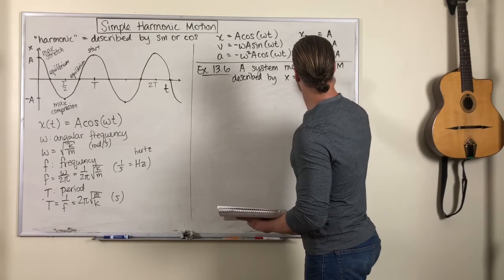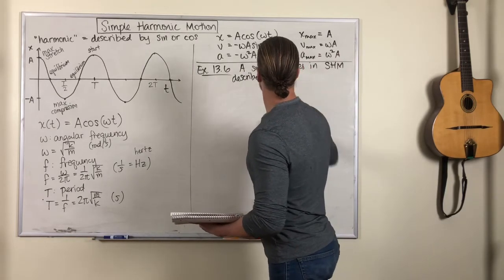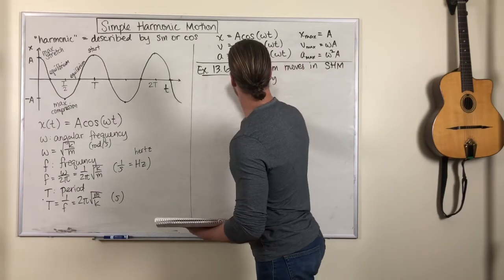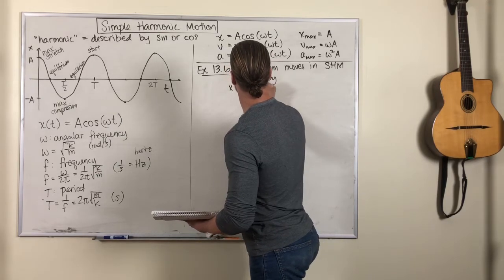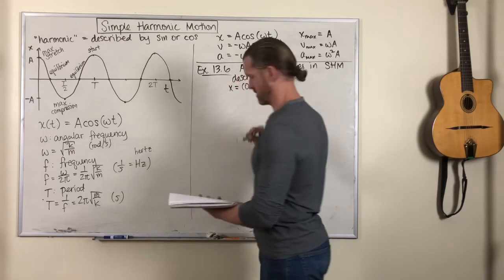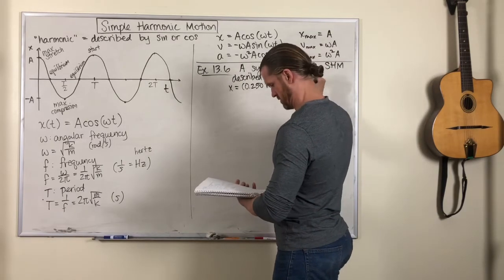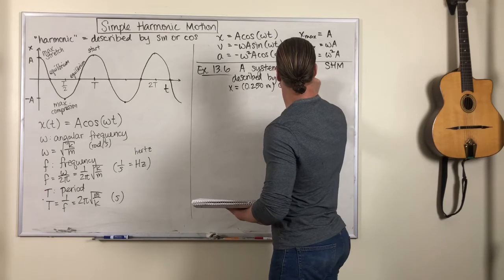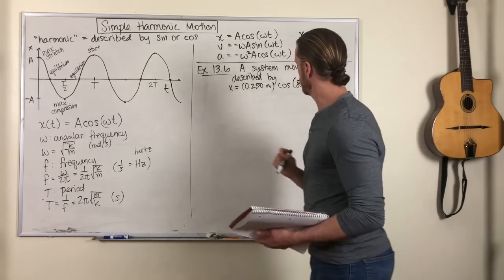Let me try it again. Described by x as a function of time equals 0.25 meters times cosine of pi over 8 t.